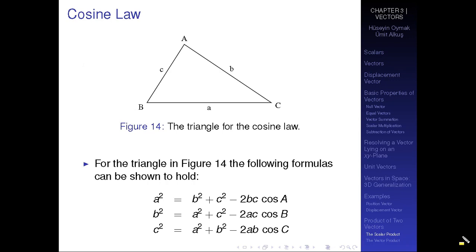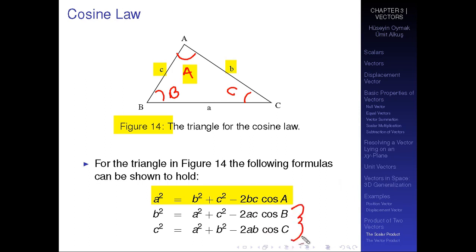For the triangle in this figure, if we denote the three angles as A, B, and C, the cosine law for this triangle can be written as A squared equals B squared plus C squared minus 2 times B times C times cosine A, where A is the angle between the edges B and C. And it is not difficult to see that these two equations also hold.